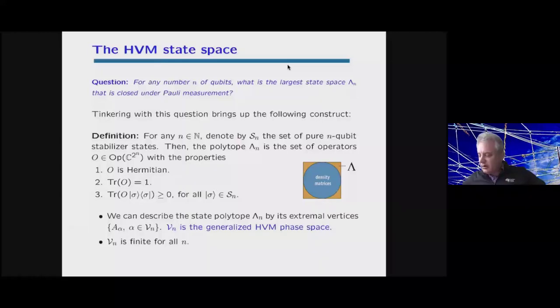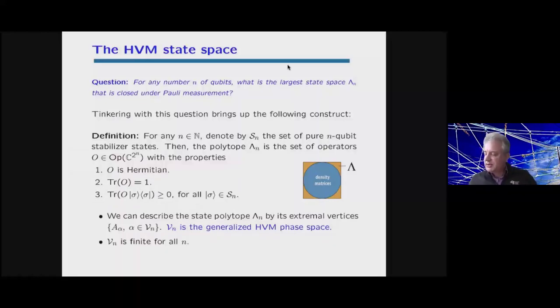Before I go into the definition of state space, which is the most important thing on this slide, I want to tell you what the motivating question was that led us there. The motivating question is, for any number of qubits, what is the largest state space that preserves positivity on the Pauli measurements, that is closed under the Pauli measurements?